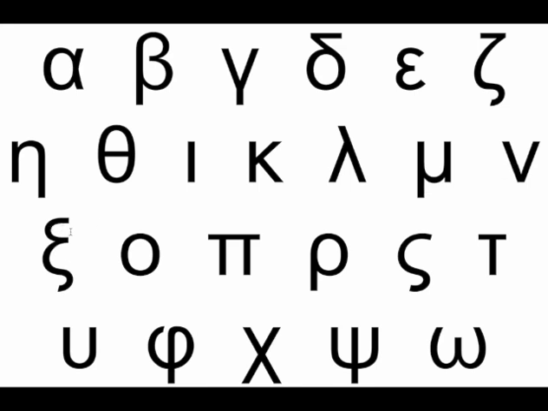Next is an xi. It's similar to the English X, as in fox. So, starting from the top: A, V, G, D, E, Z, A, th, E, K, L, M, N, X. However you would pronounce X on its own.